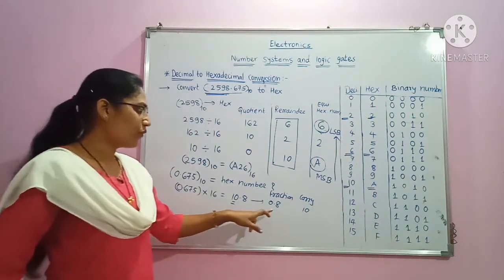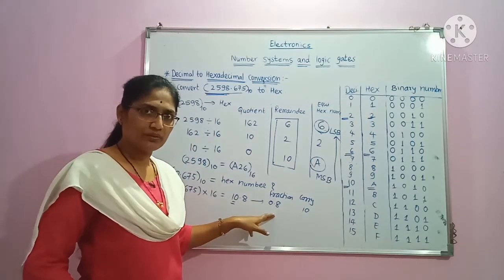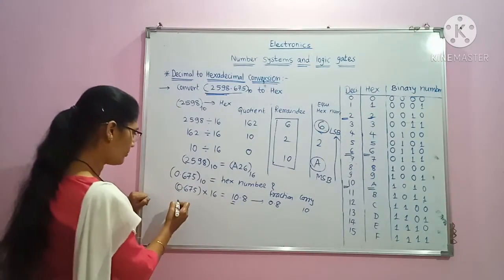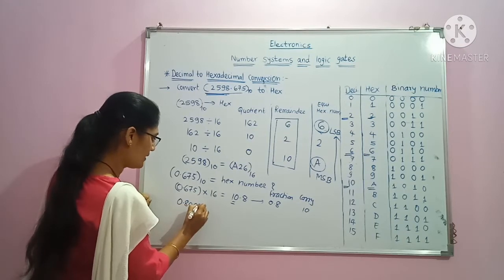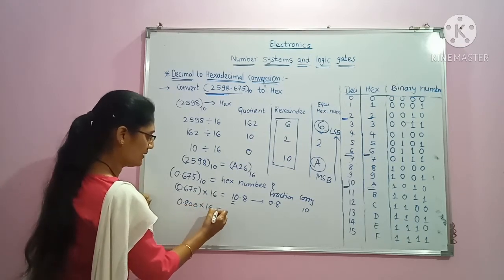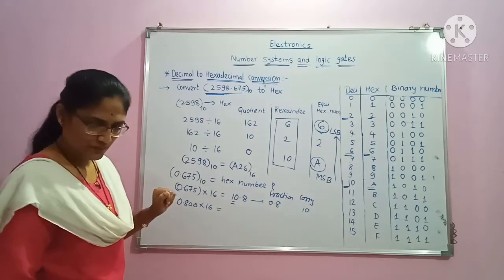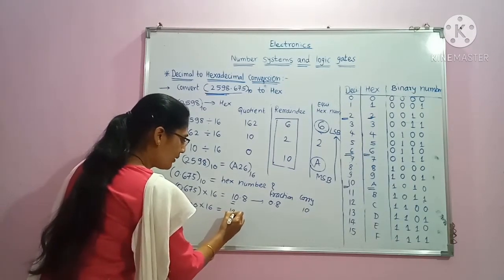Then next we have to take this fraction and multiply it again by 16. So this gives me the value 12.8.